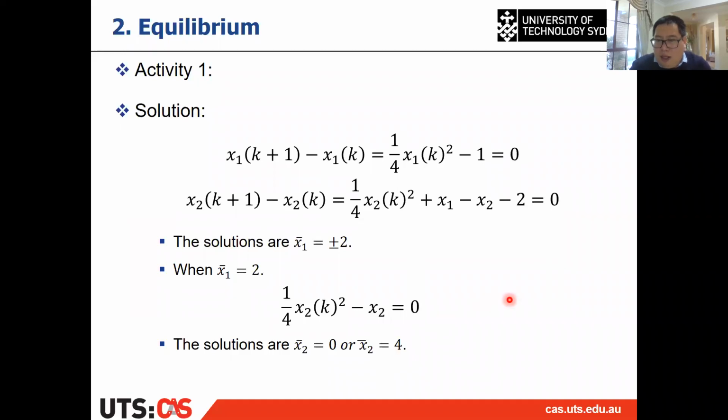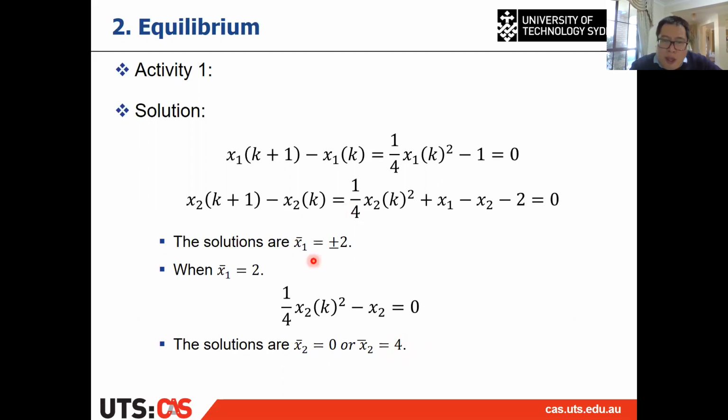So in this case, when x1 is equal to 2, we have two equilibrium points. One equilibrium point is x1 equal to 2, x2 equal to 0. And the second equilibrium point is x1 equal to 2 and x2 equal to 4.